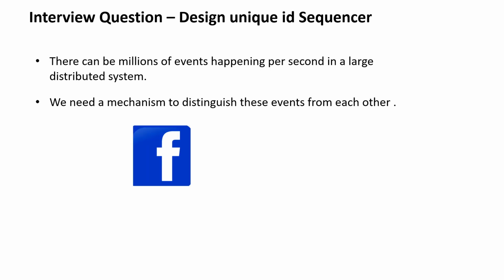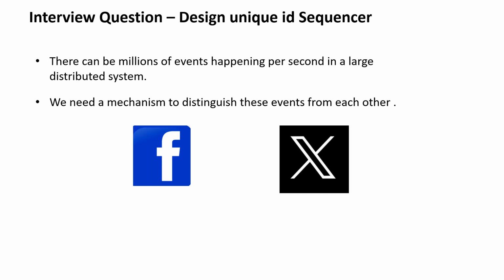For example, if we see Facebook or Twitter, they will have a lot of posts or tweets coming per second, and it is really important to distinguish the posts and the comments on them uniquely, right? So that we can track and find the relationship between those comments and posts as well.